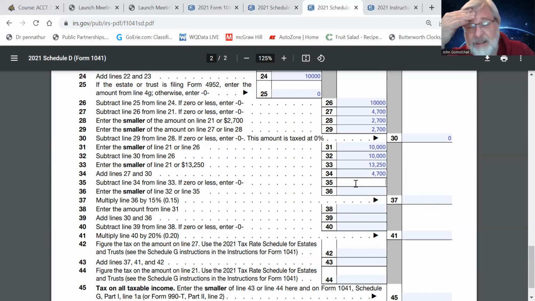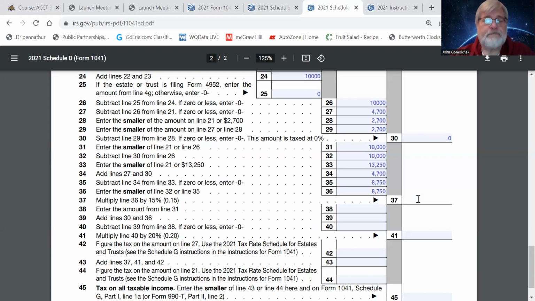I don't have a calculator. 8,750. Okay, 8,750. Line 36, enter the smaller of 32 or 35. 35 is the smaller, 8,750.